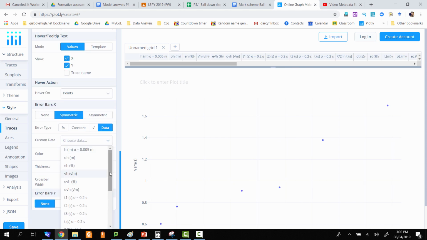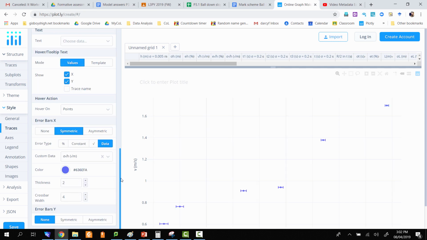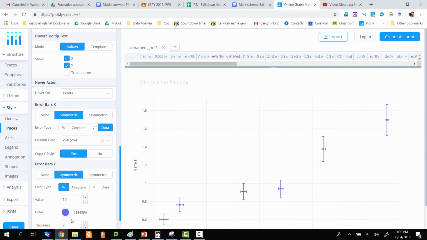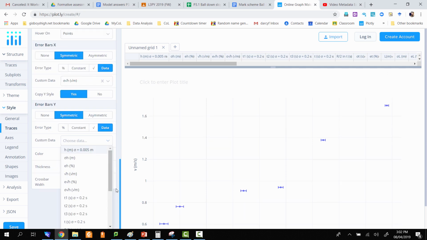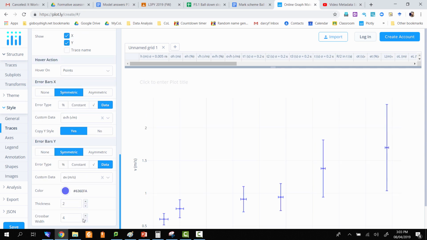I go into here and there's my absolute error in square root of H. And then my Y value error bars, symmetric again. Got data for that. I scroll down and select absolute error in V. Let's close that down now.